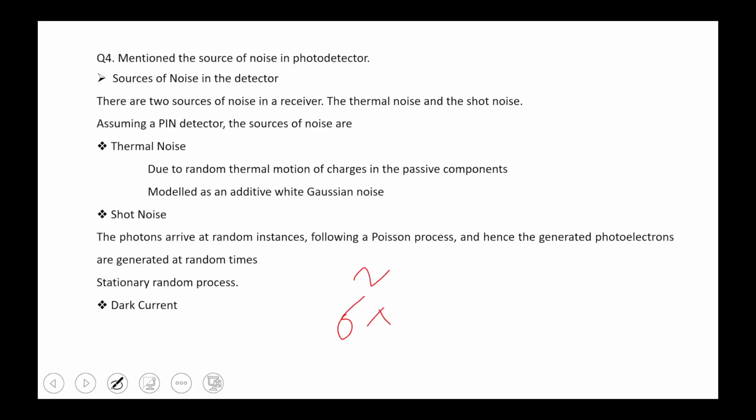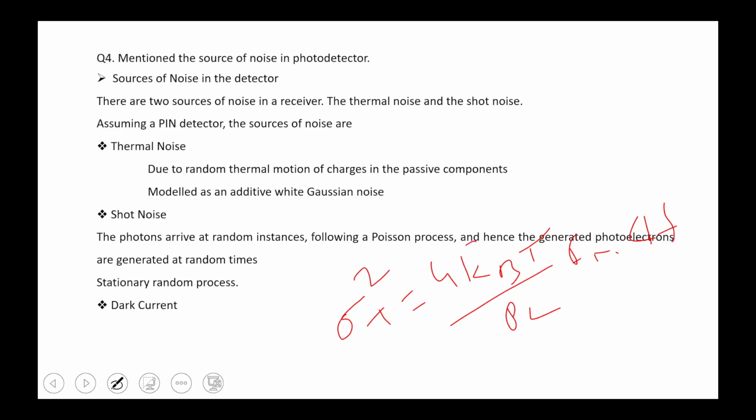So thermal noise we have to explain: the variance is 4 K_B T by R_L into F_n into delta f. This is the thermal noise variation.